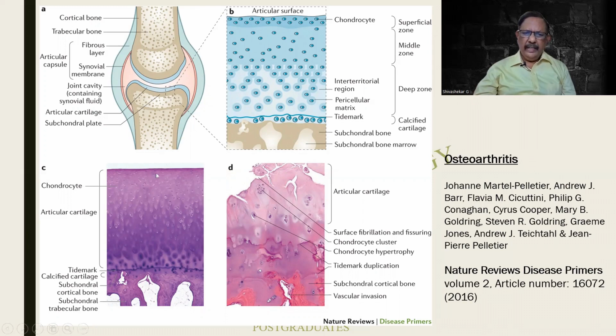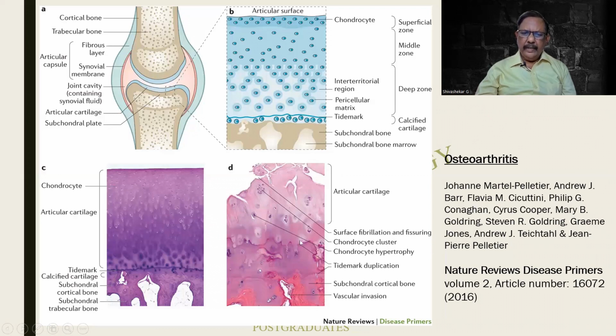And this again is a better histological picture showing the normal joint. So there is a cartilage, the various zones of it, and look at this tide mark again. It is aligned. And lower down there is the subchondral bone. Now, what will happen when there is going to be a damage? Leave alone whatever be the cause of it, be it obesity or genetic, there is a change in the articular cartilage. And the surface fibrillation and fissuring is occurring over here.